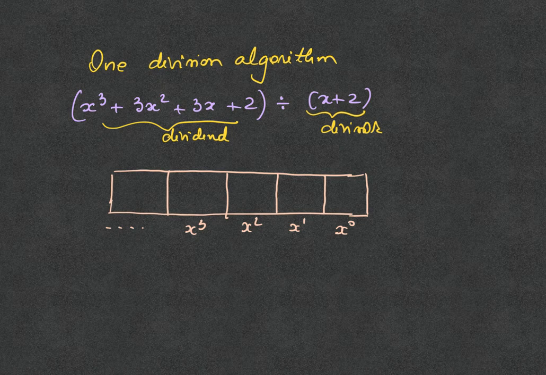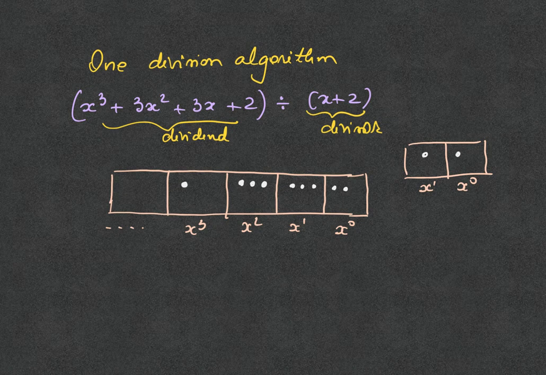Now, my polynomial is x cubed plus 3x squared plus 3x plus 2, so I have 1 x cubed, I have 3 x squared, I have 3 x's, and I have 2. And I want to see how many times x plus 2 goes inside. And x plus 2, that's x to the power of 1 and x to the power of 0. It's an x, plus 2. So I need to find how many times this one goes into my polynomial.